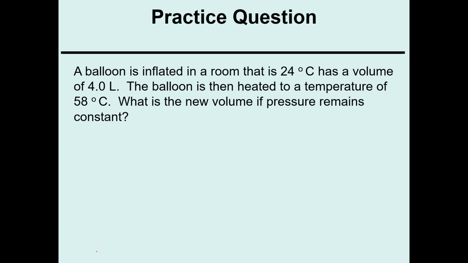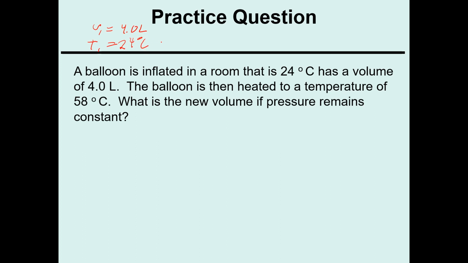So if we determine our V1 and our T1, V1 is given to us as 4 liters, and T1 is given to us as 24 degrees Celsius. But remember, we always have to put temperature in Kelvin for the gas laws.